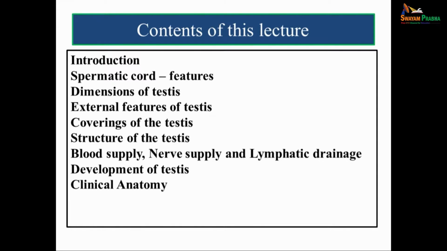In this lecture, I will be discussing these topics: a brief introduction, spermatic cord, the features of spermatic cord, the dimensions of testis, external features of testis, coverings of the testis, structure of the testis, then the blood supply, nerve supply and lymphatic drainage of the testis. I will also be touching a few aspects of the development of testis. And finally, we will conclude the lecture with clinical anatomy.